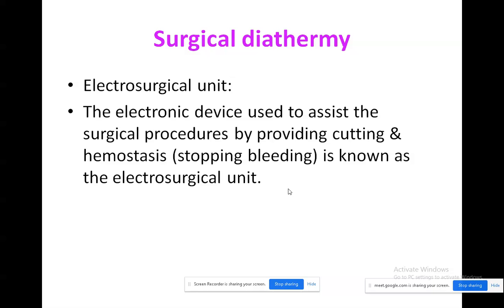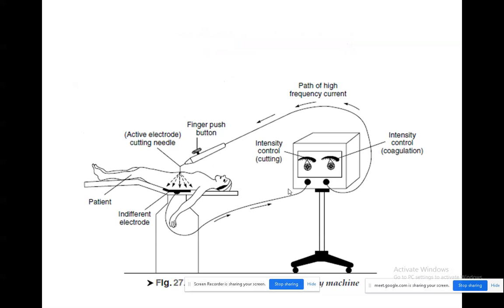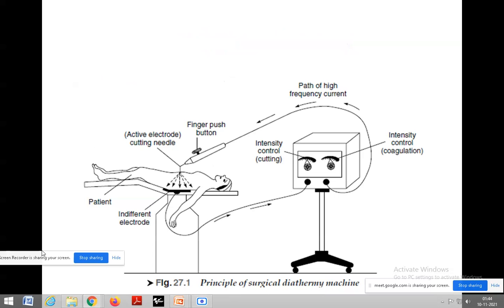In the earlier types, all the treatment process will be provided by non-surgical means, without the need to stop bleeding. But here you can do the process only by surgical means. This is the full diathermy surgical machine.